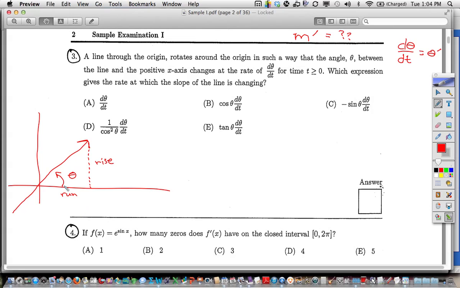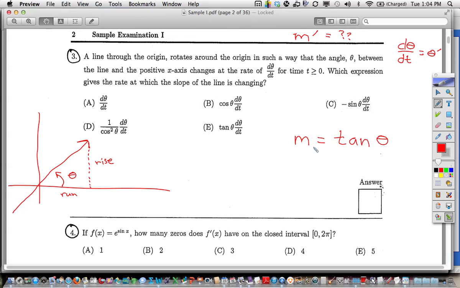The tangent of this angle, if you have a line through the origin, the tangent of this angle is the slope. It is, because it's y over x, right? SOHCAHTOA, opposite over adjacent, rise over run. So the equation we want is m equals tangent theta. That's the equation, because it involves theta and it involves m, which are the two things we want.